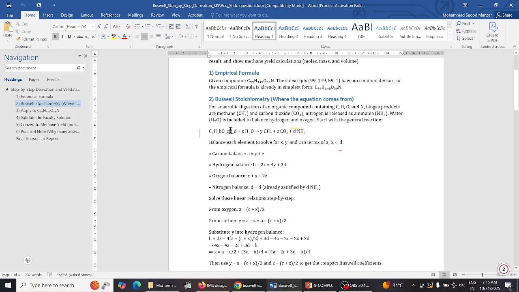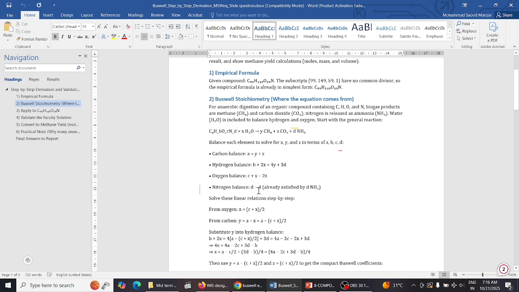For oxygen, c plus x equals 2z. For nitrogen, d equals d.